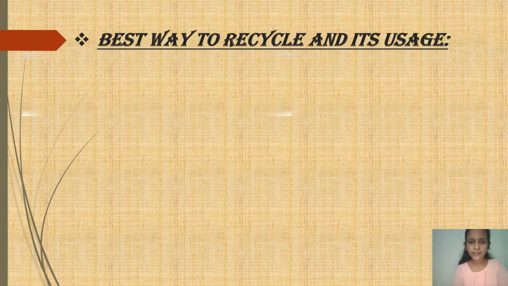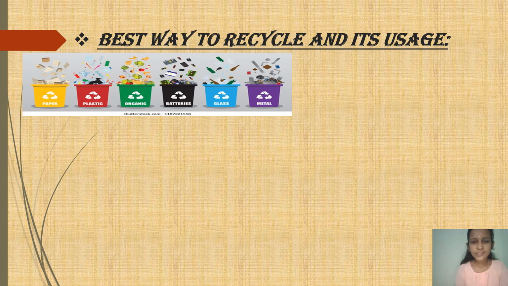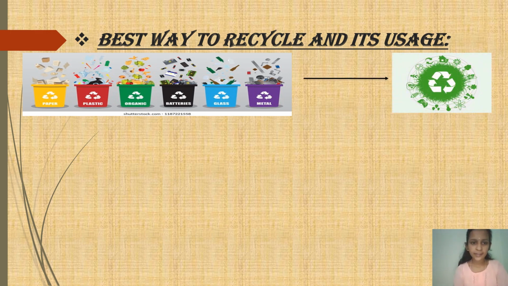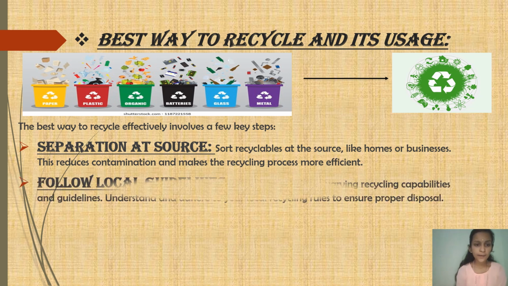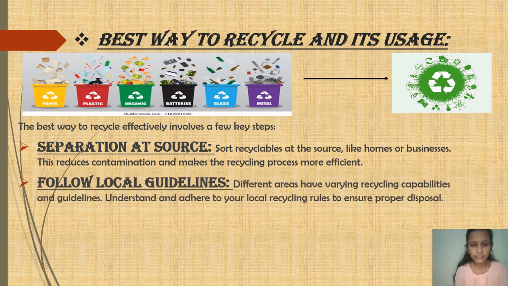Best way to recycle and its usage. The waste which is generated in a particular locality should be recycled, so we have to follow some ways. First, separation at the source. The waste generated in an area should be separated at the point of source itself, so that it makes the recycling process more efficient. Next, follow local guidelines.